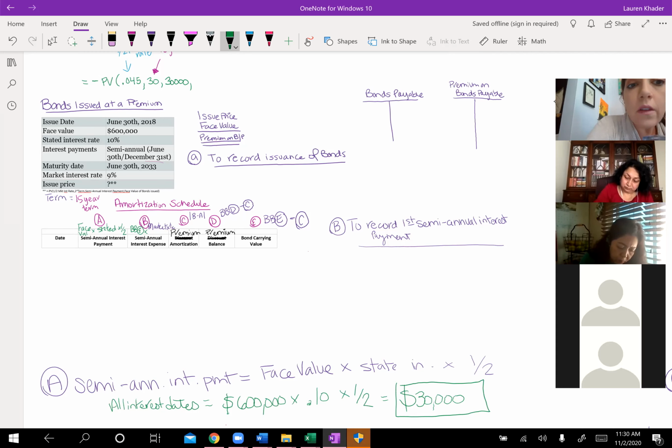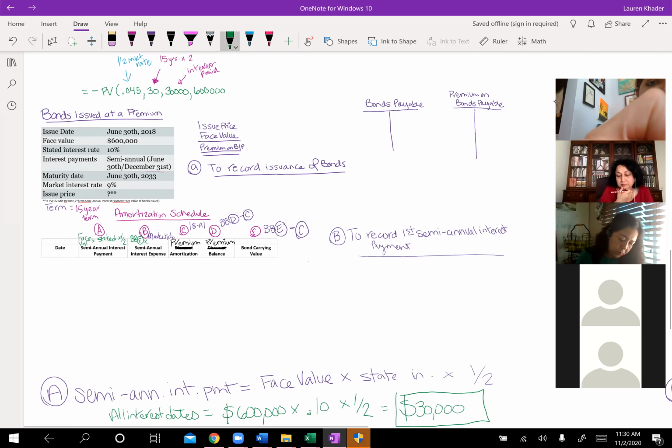The last number that we're going to include is going to be equal to face value, which is 600,000. Again, no comma. And then close parentheses, enter.